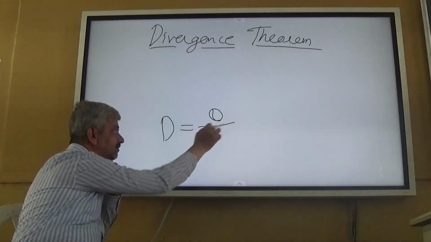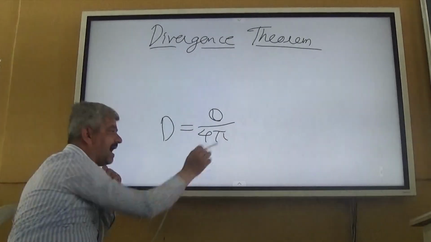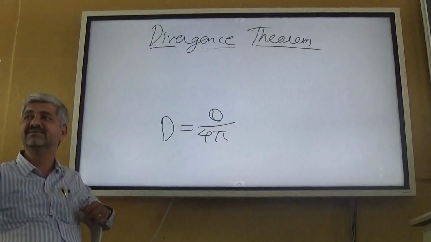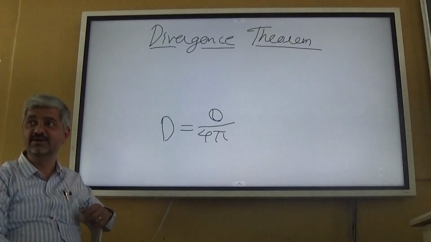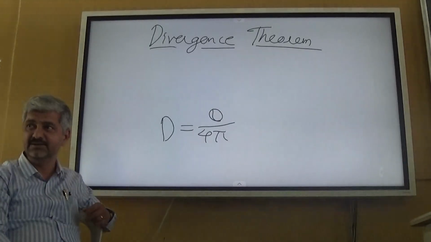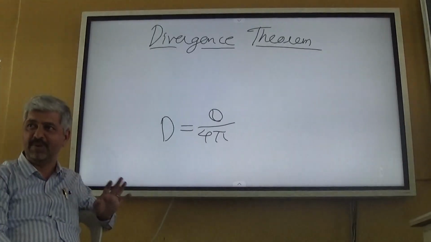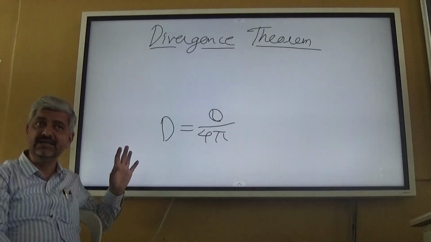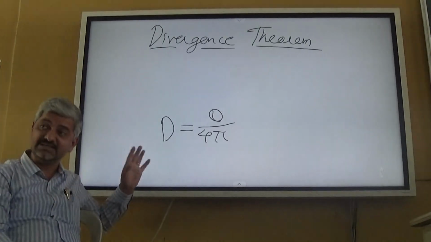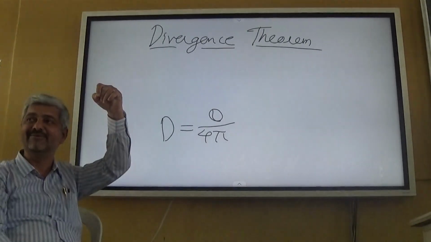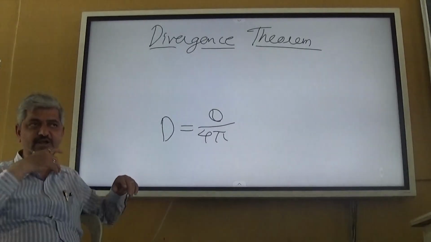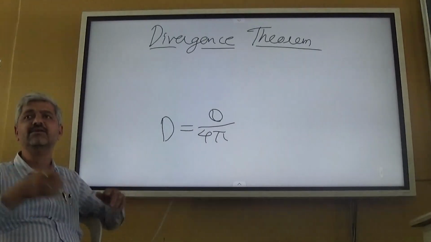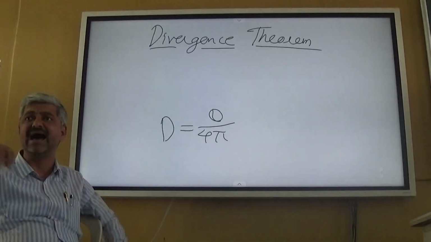Q upon 4 pi r square, and r square is 1. So Q upon 4 pi will be the electric flux density at any given point on the sphere. Or instead of radius 1, we need not simplify, we keep it as r.